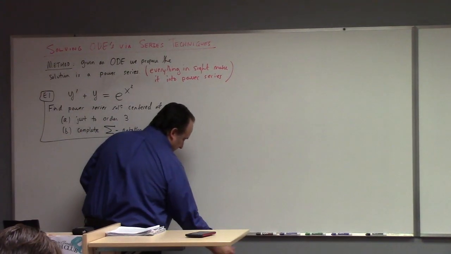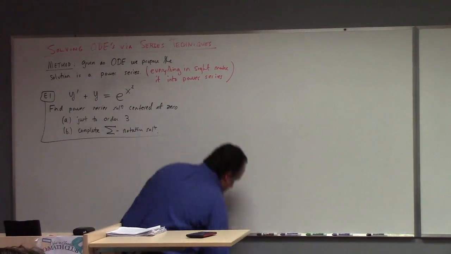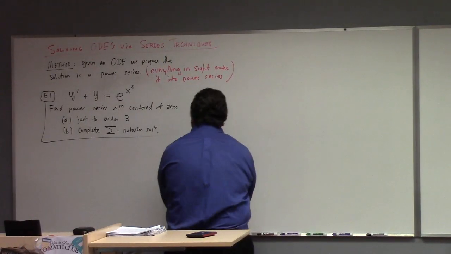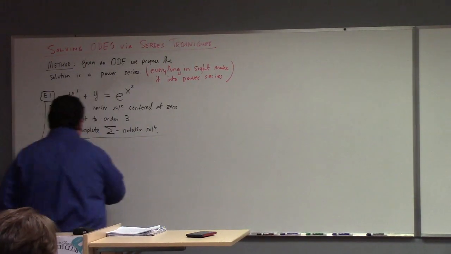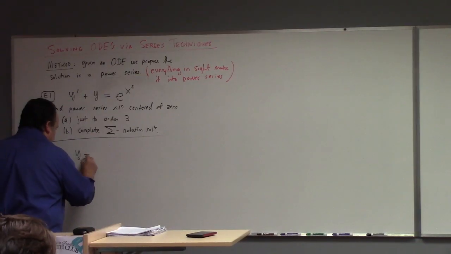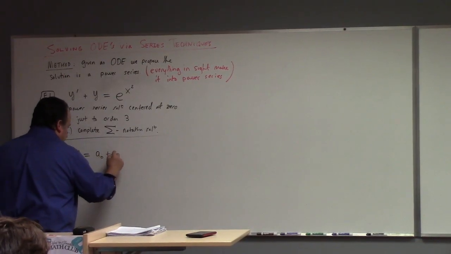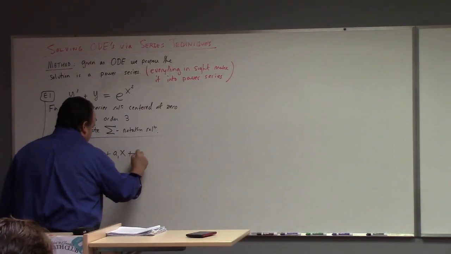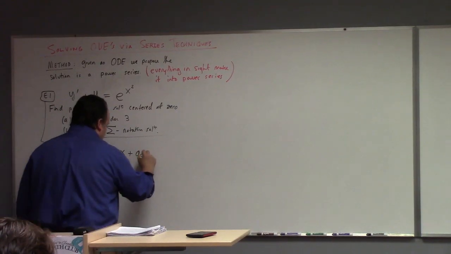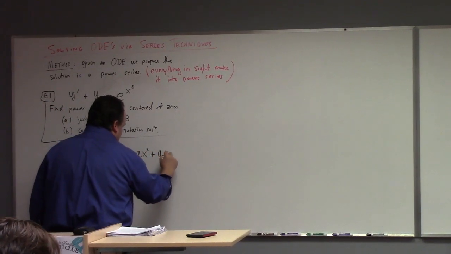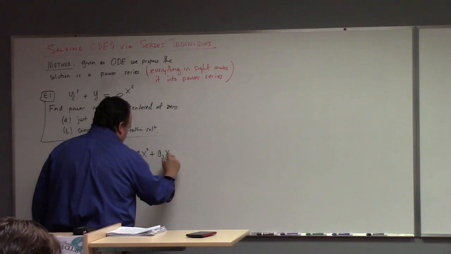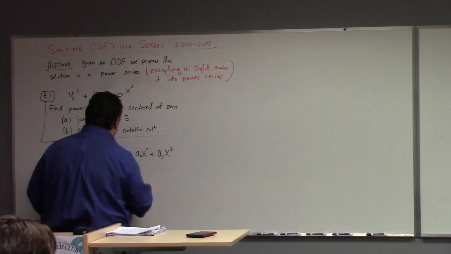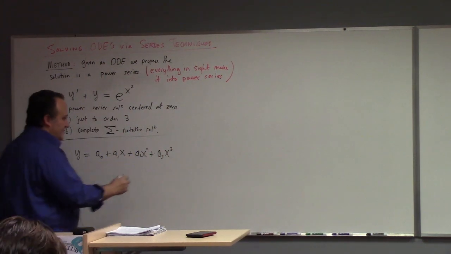So for this one, first of all, our solution is a0 plus a1x plus a2 x squared plus a3 x cubed, that's up to order 3.